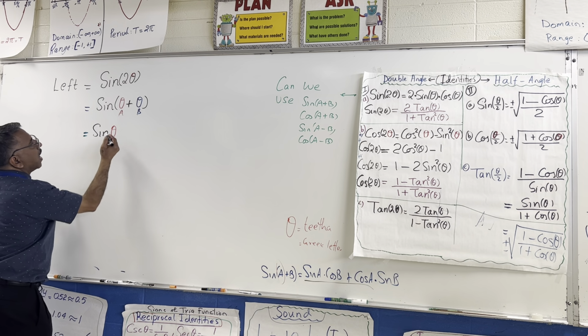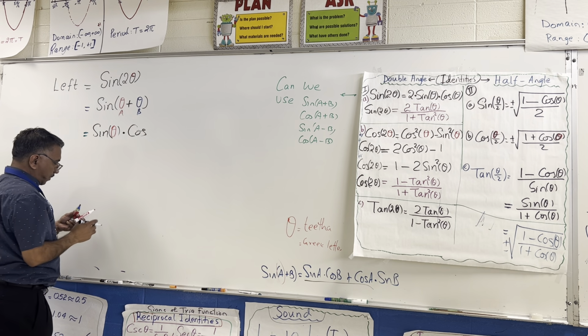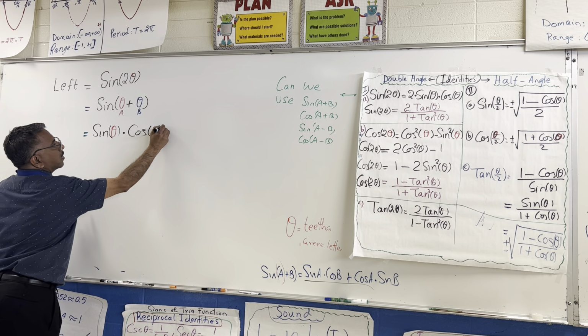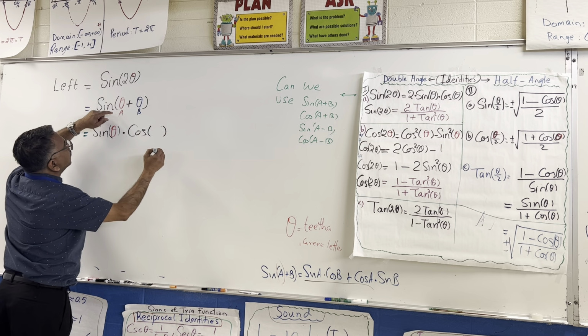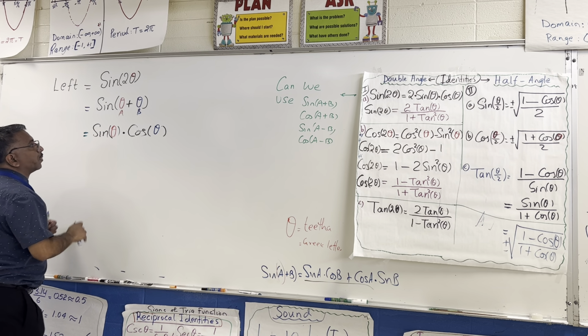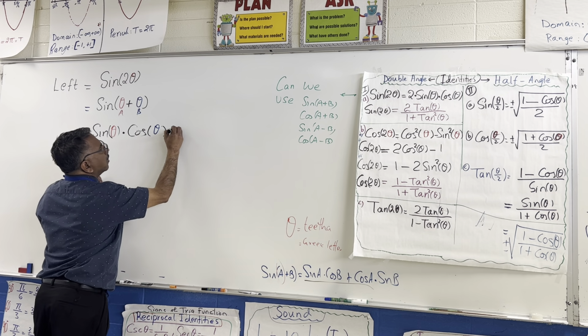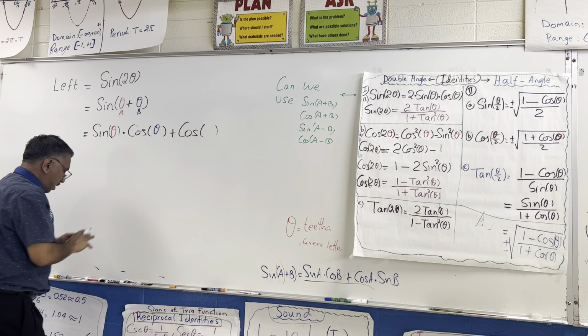So first one is sine of the red theta, times cosine of the blue theta, and then plus cosine of the red theta.